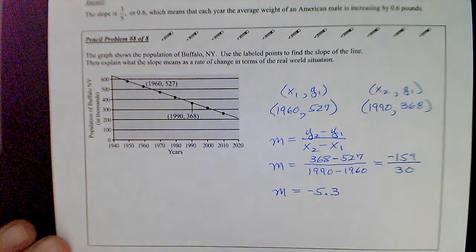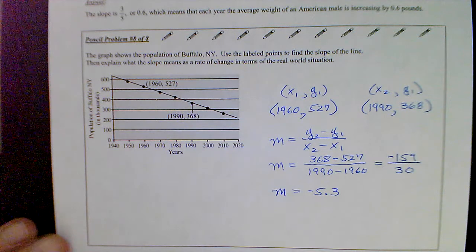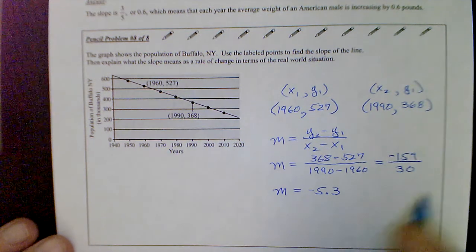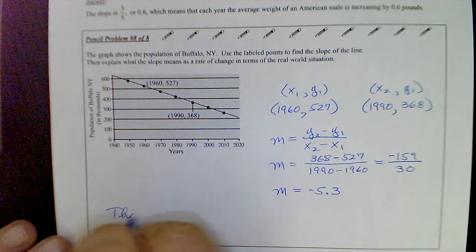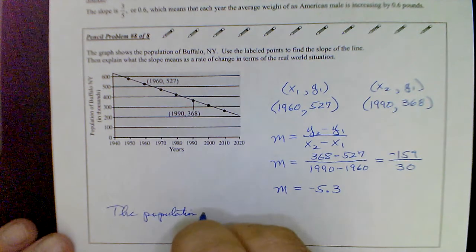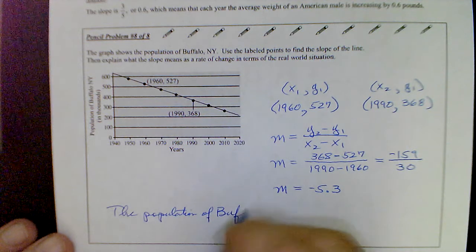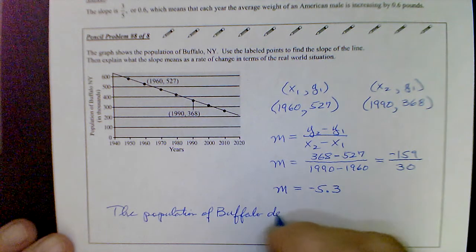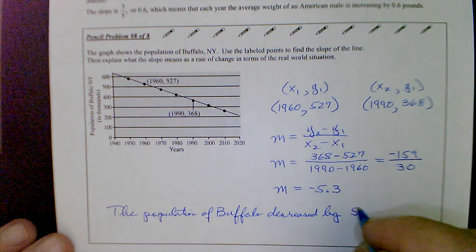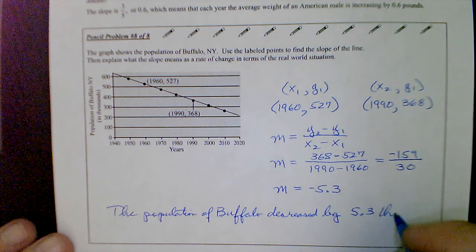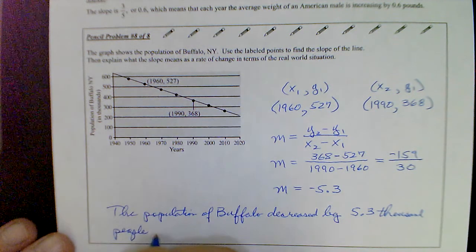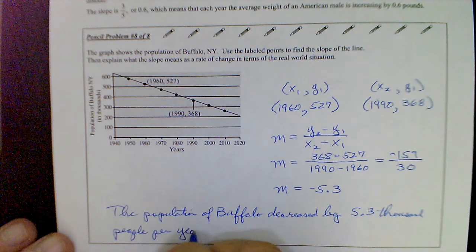Okay, so notice how it's negative, showing the decrease. And if we want to explain what this means as a rate of change, we could say that the population of Buffalo decreased by 5.3 thousand people per year.